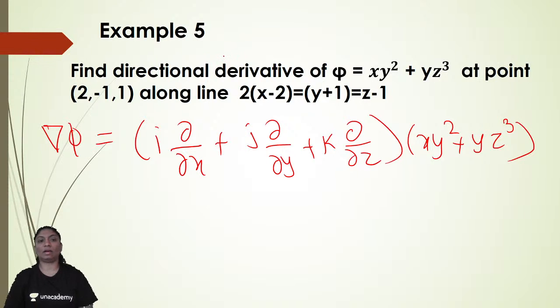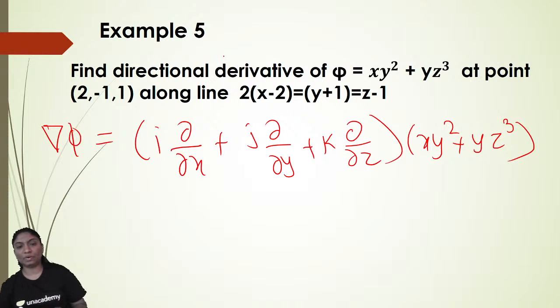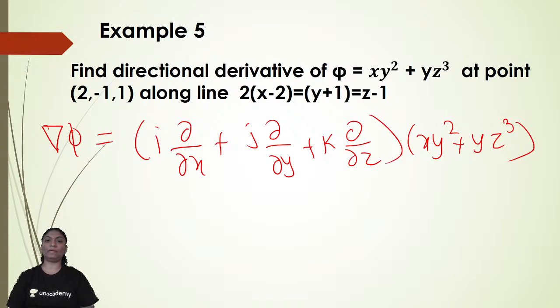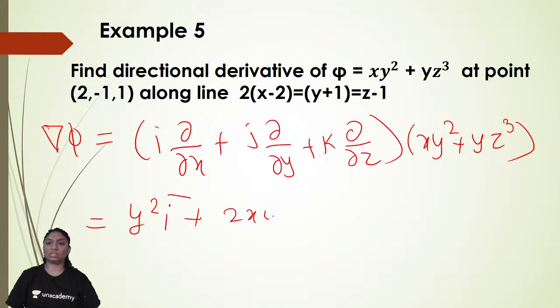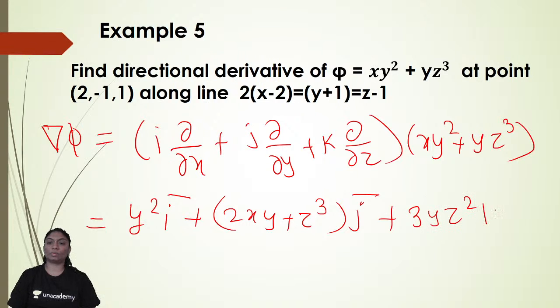Which is equal to i into del by del x of this, we get y square i bar, plus del by del y of this, so 2xy plus z cube j bar, plus del by del z of this, we get 3yz square k bar.